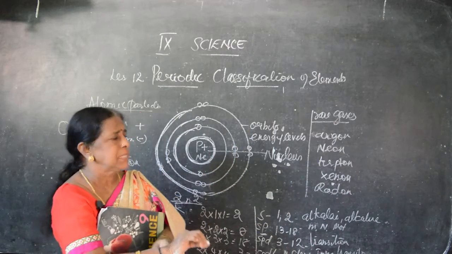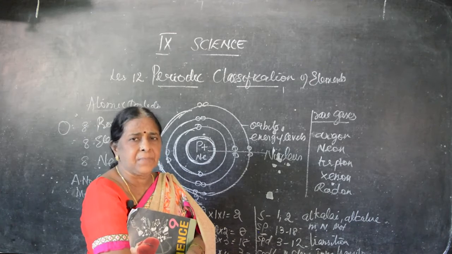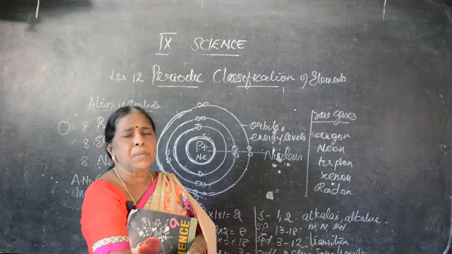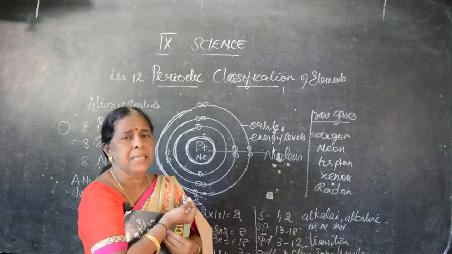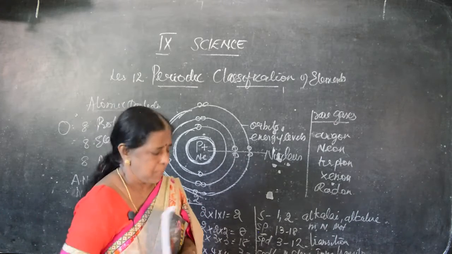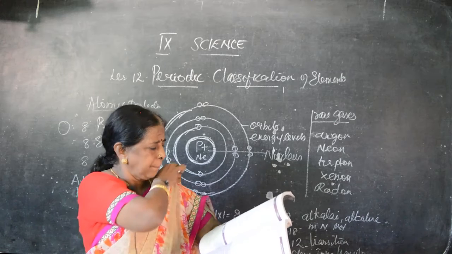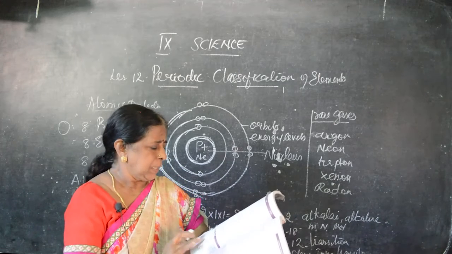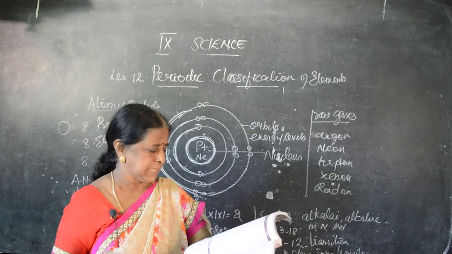They are present in only a little amount. They are inactive; they do not easily react with other elements. So they are known as rare gases. Clear? The rare gases are arranged in a particular group, otherwise known as zero group gases, inert gases. They are monoatomic gases.